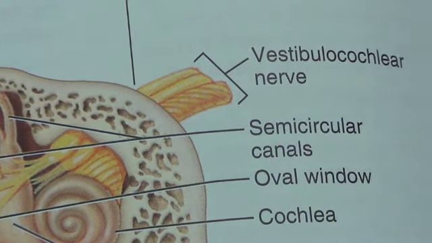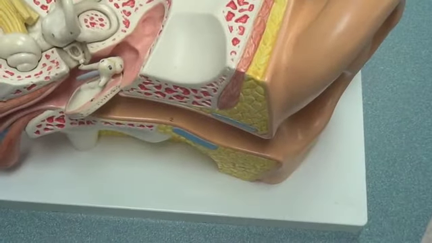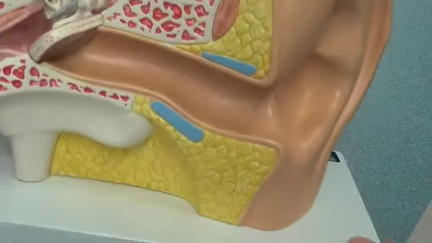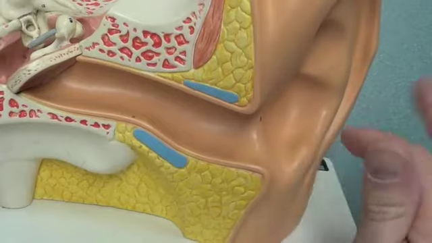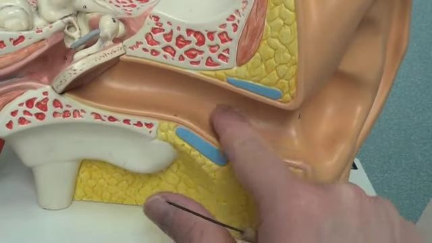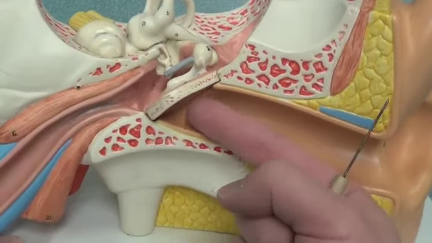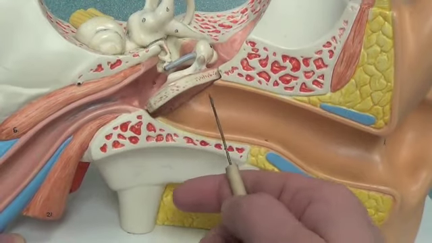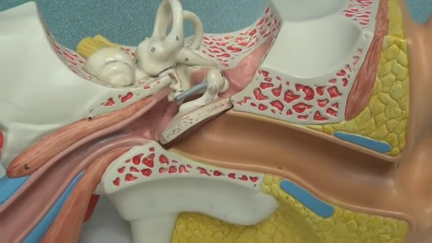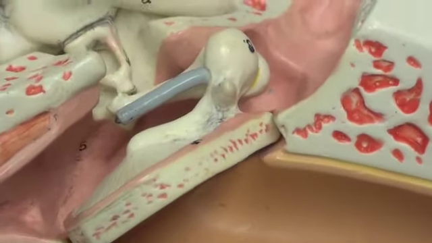Now, in regards to the model, it's pretty straightforward as well. Let me zoom out here for you. Here you can see the auricle, you can see the external auditory canal, and then you have your tympanic membrane right here, which is tightly stretched. I'm going to zoom in just a little bit.